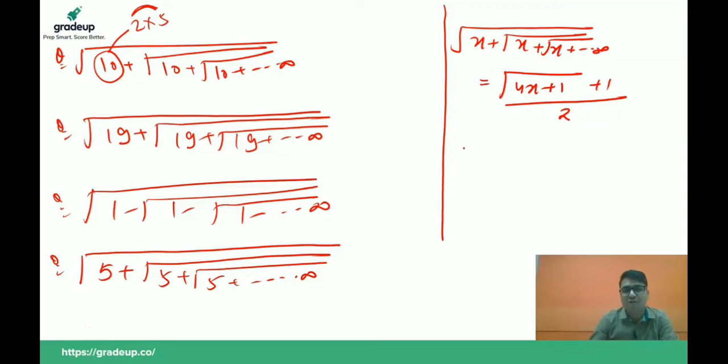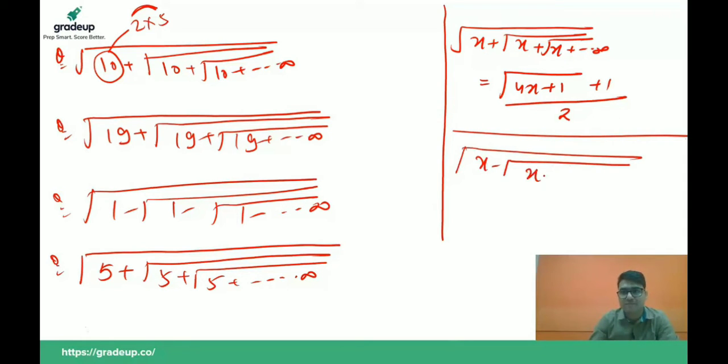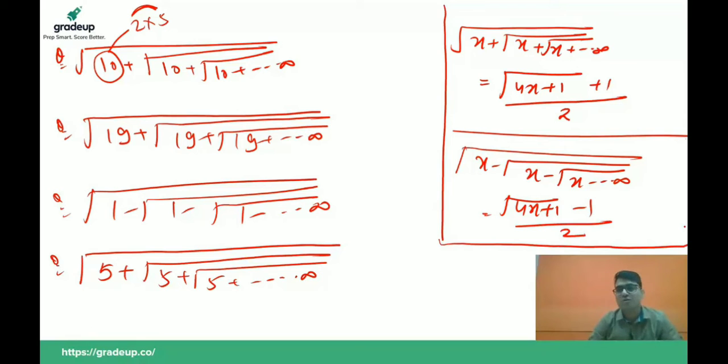If you are having this in negative, then the formula will be root of 4x plus 1 minus 1 divided by 2. This will be your answer. Now apply this formula and always remember x can't be split into two consecutive numbers. But if you apply these formulas to the previous questions, there is no problem. You will get the same answer.